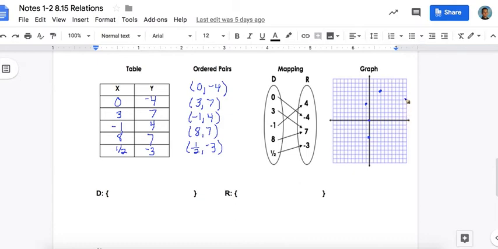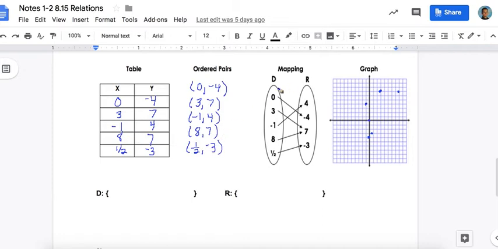So we know it's going to be even with that one over there because we already went up 7. And then we're going to go 1/2, -3. So we're going to go right between 0 and 1. And then down to -3.